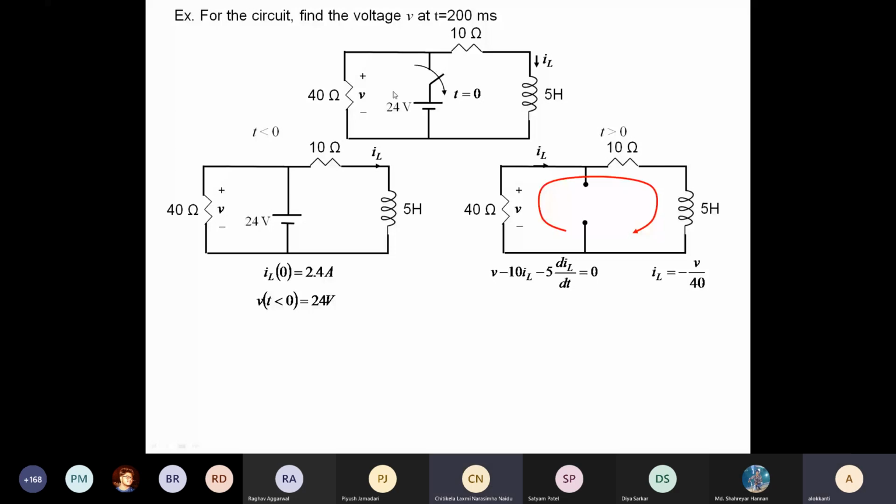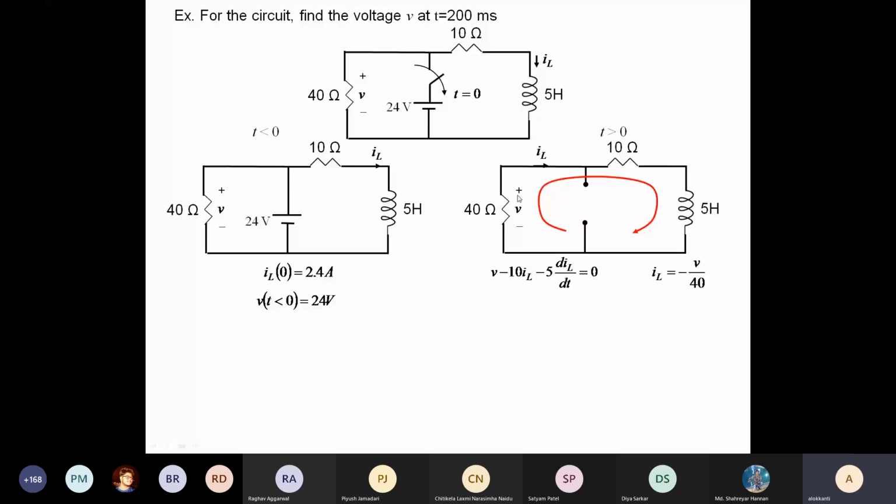So the IL that will be flowing in the circuit is basically equal to minus V by 40. You see the notation: IL is coming out of the resistance, so it has the opposite polarity. So IL is equal to minus V by 40.